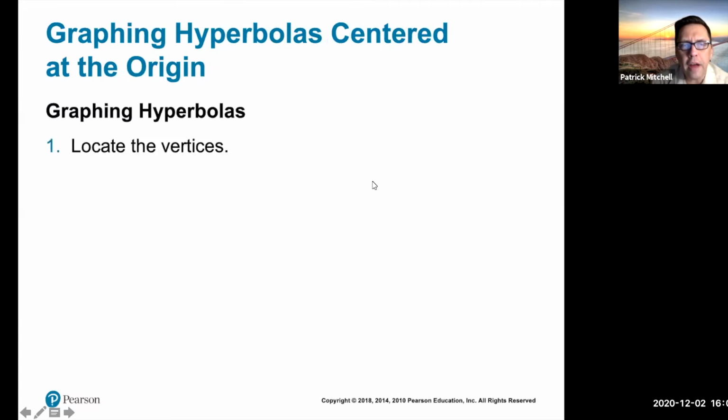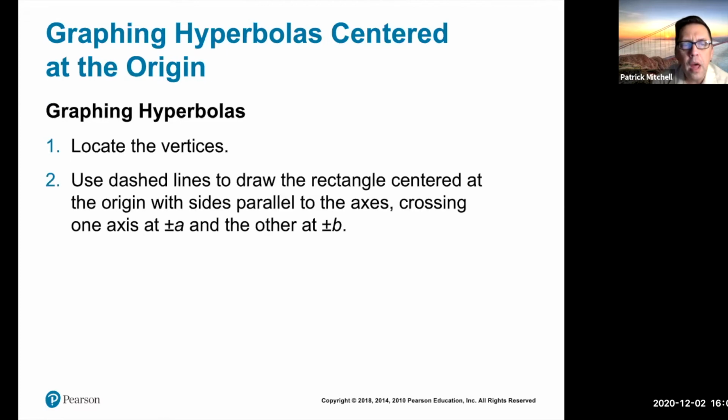Okay, so to graph a hyperbola, first we'll locate the vertices, and that's easy. Then we will use dashed lines to draw the rectangle centered at the origin with sides parallel to the axes, crossing one axis at plus or minus a and the other at plus or minus b.